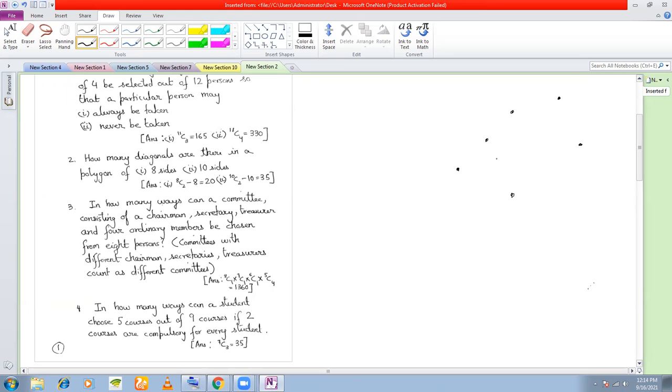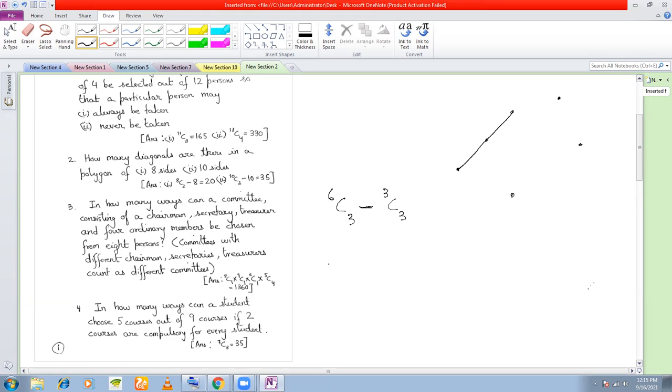Yes, sir. How can you form a triangle? You can form a triangle by joining any 3 points, right? So how many triangles can you form? You can form out of 6 points, 6C3. But out of how many triangles are you wasting here? Minus, because three points are collinear, these three. So how many triangles can you not form? 3C3.